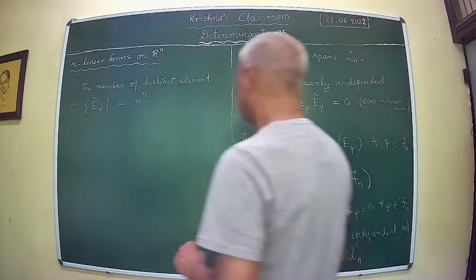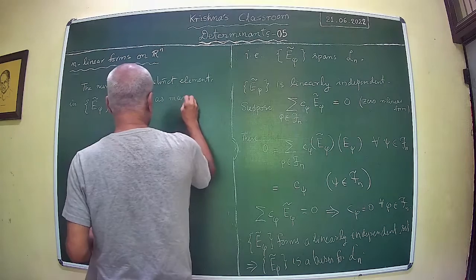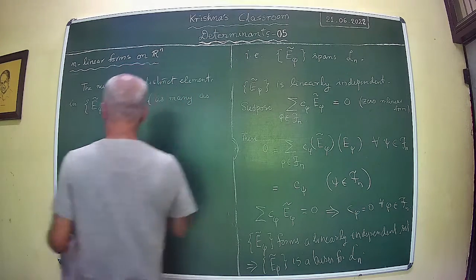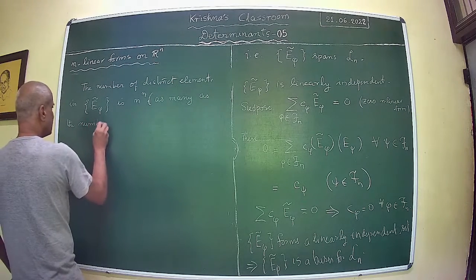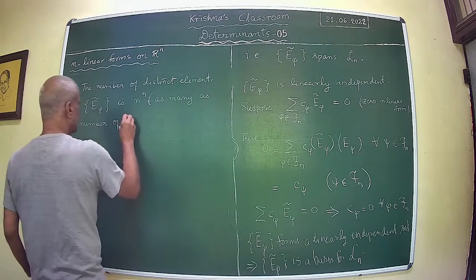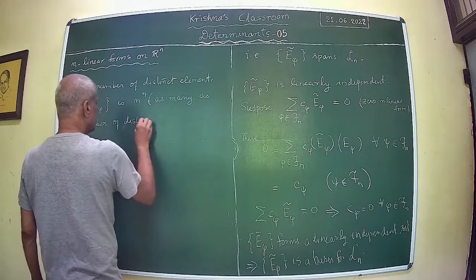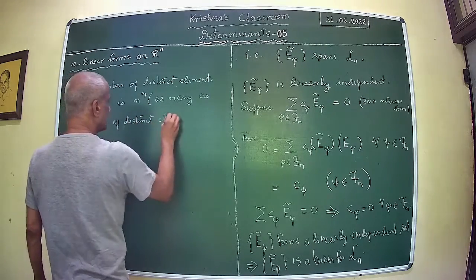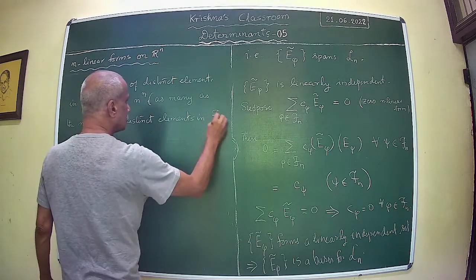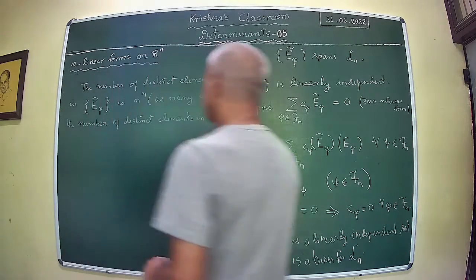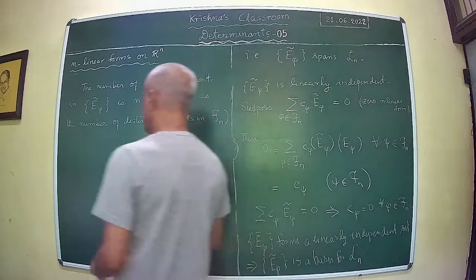It is as many as the number of distinct functions, hence the dimension of Ln.